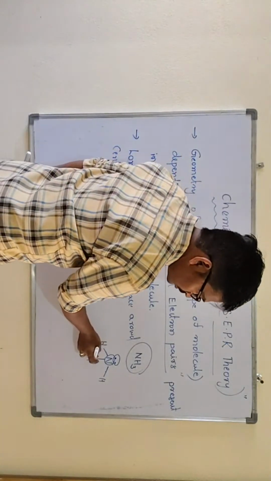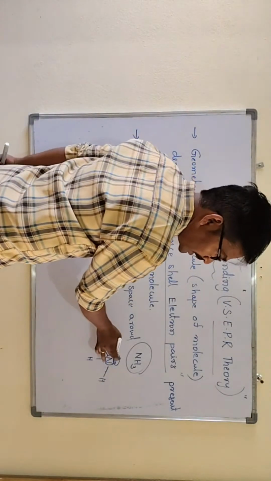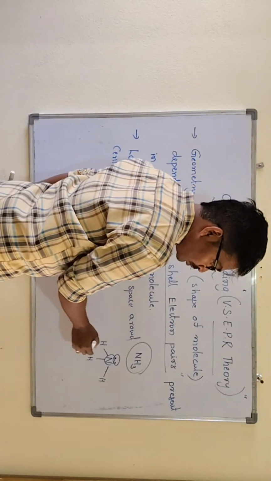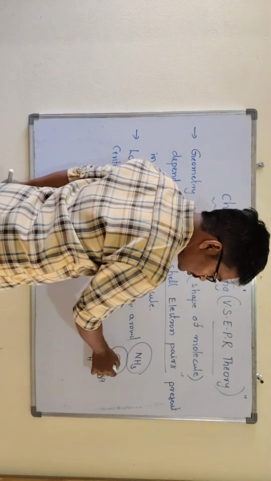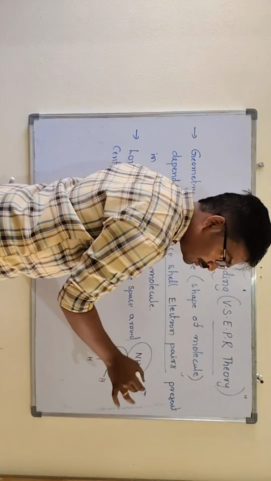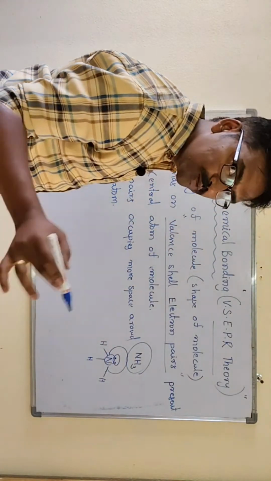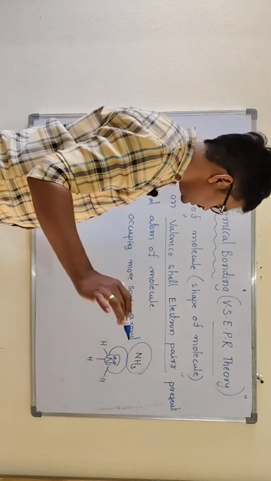These are the 3 bond pairs. The lone pair also is present around the central atom, taking more space. Lone pairs occupy more space than bond pairs. So lone pairs occupy more space than bond pairs, right?